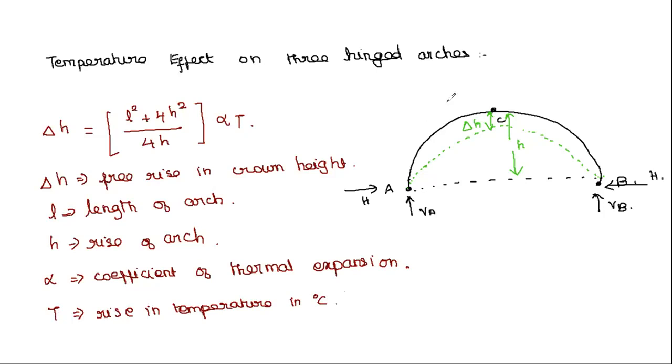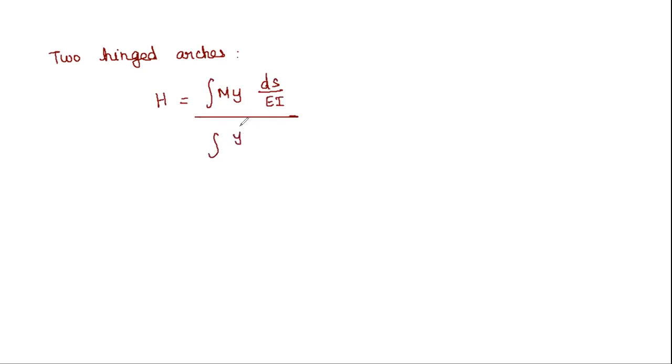So we have completed the hints for 3-hinged arches. Next we are going to move to 2-hinged arches. For 2-hinged arches, the points to remember are, we know the formula to find the horizontal thrust H is equal to integral of My ds by EI divided by integral of y square ds by EI.